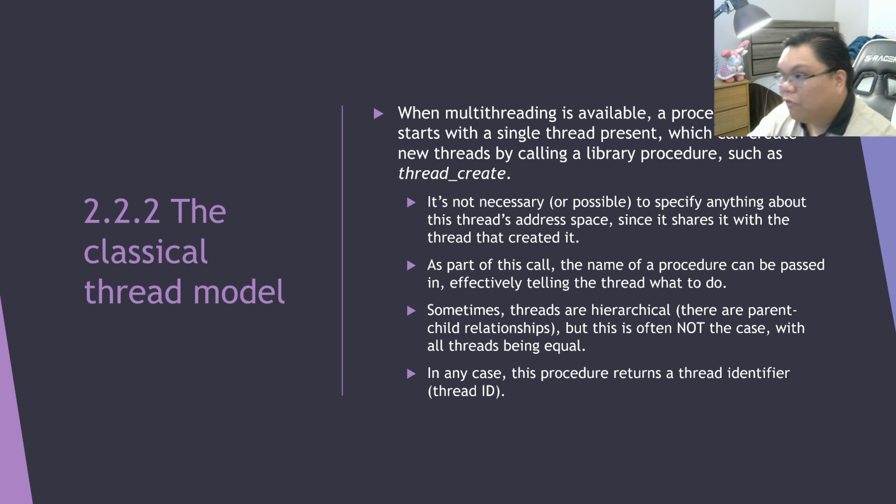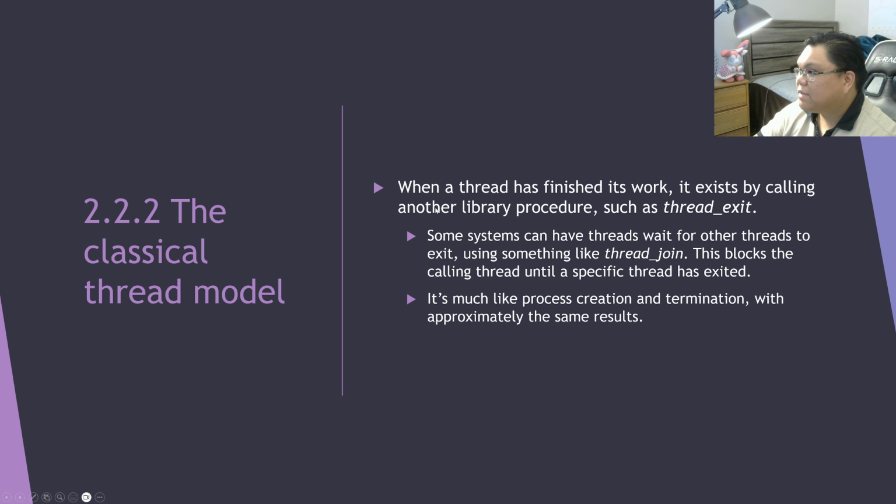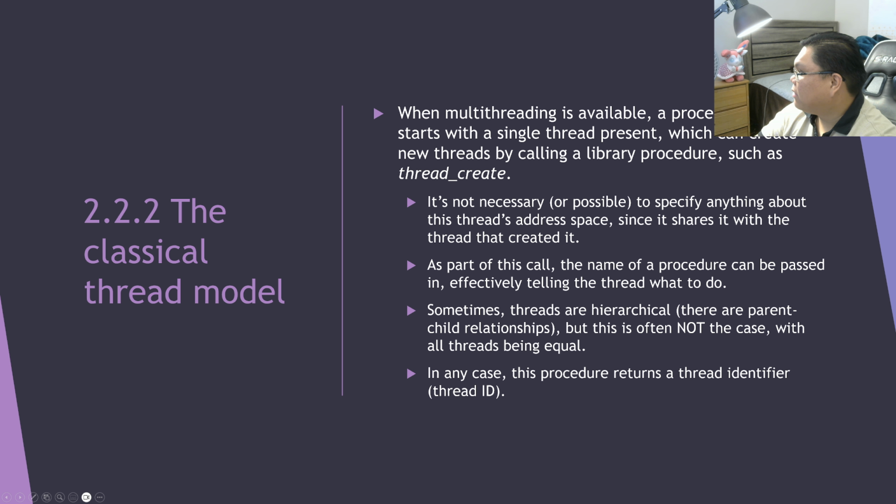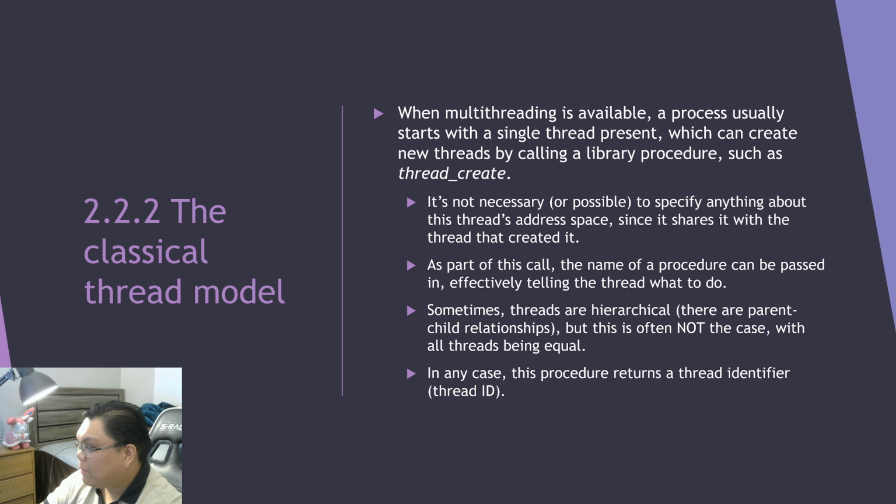When multi-threading is available, a process usually starts with one thread. And this thread can create new threads by calling some library procedure, presumably called thread create. It's not necessary or possible to specify anything about this thread's address space, because it's going to share that with the thread that created it.